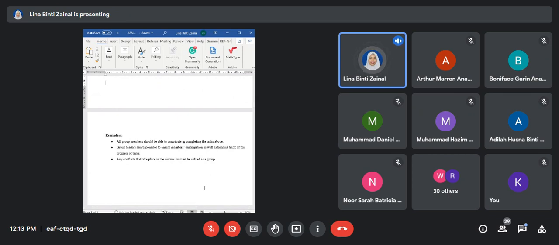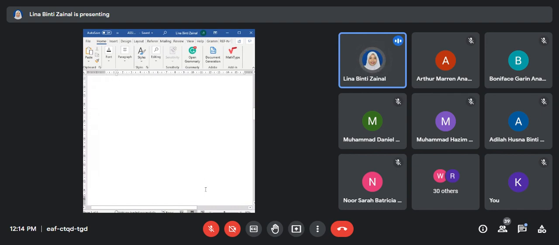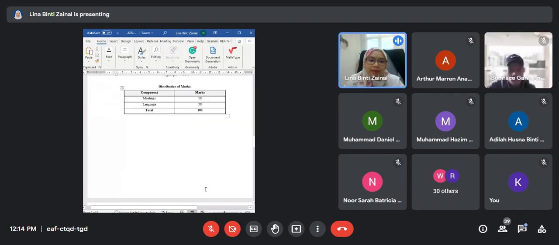Okay, how do you handle conflict as you are working in a group? Some said that you will discuss privately. Some said that you will give directive order. Up to you. As long as you are able to resolve the conflict and be able to work in a group properly.